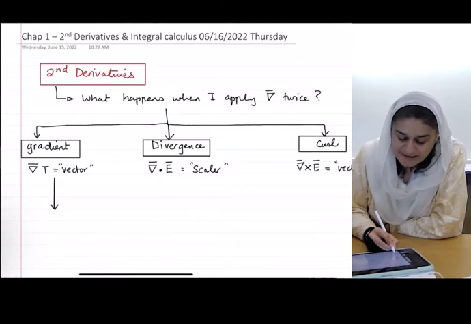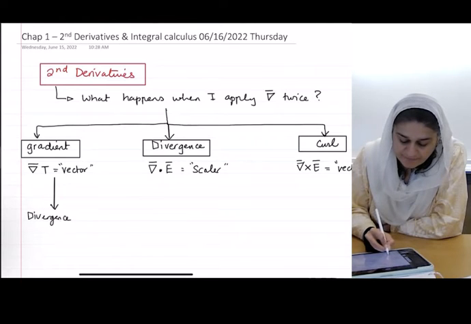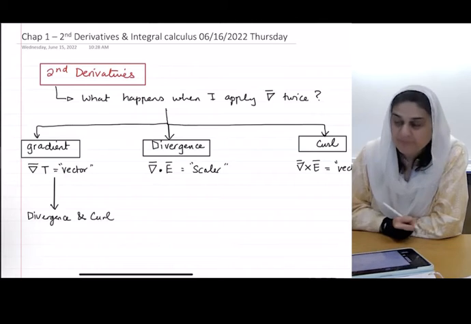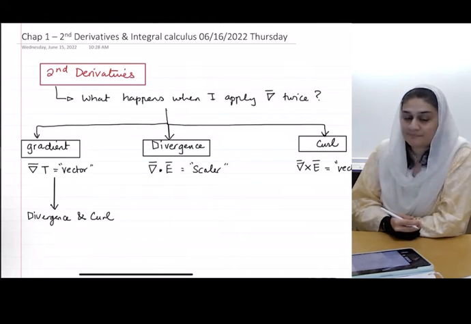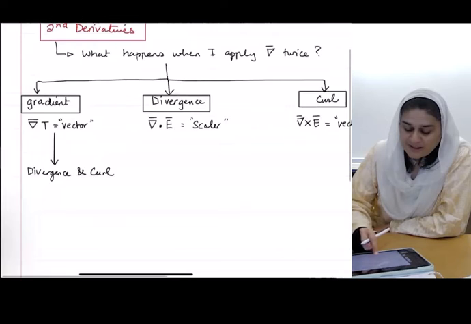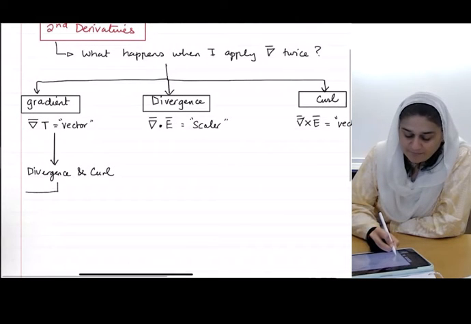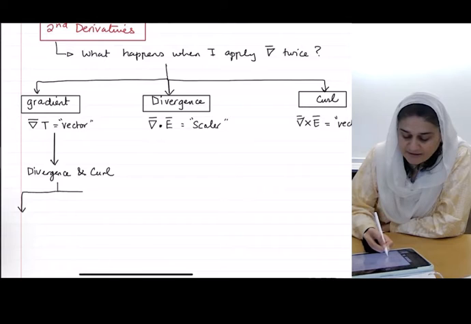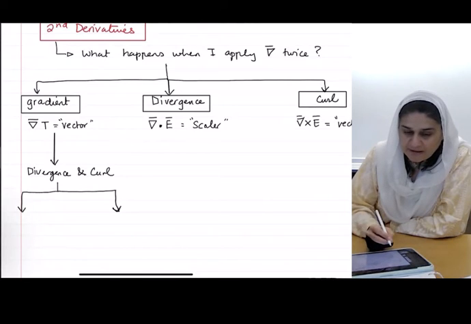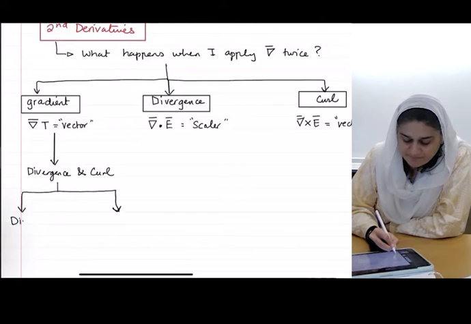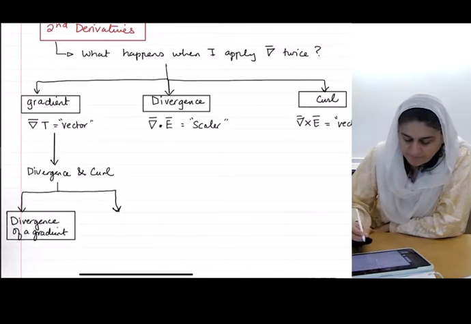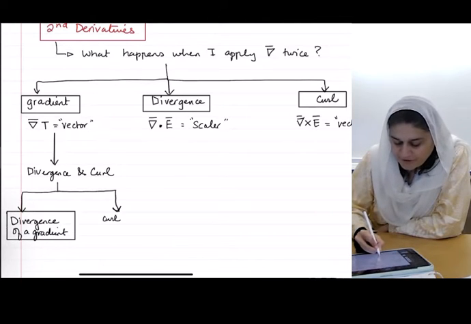That means I can take both the divergence and the curl of this answer, which means the possibilities are the divergence of a gradient or the curl of a gradient.